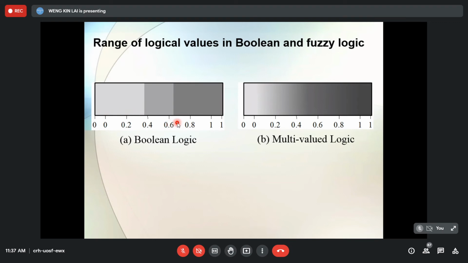Anything above 0.6, between 0.6 and 1, is considered a high or an on. In between here is unknown.